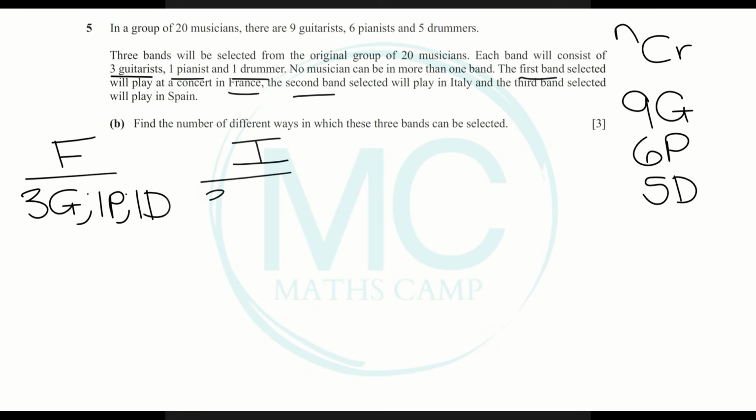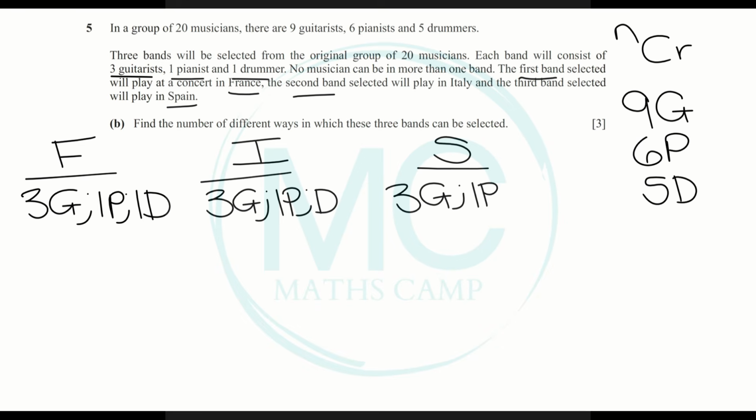Again, 3 guitarists, 1 pianist, and 1 drummer. After that, the third band will be selected, who plays in Spain. 3 guitarists, 1 pianist, and 1 drummer.